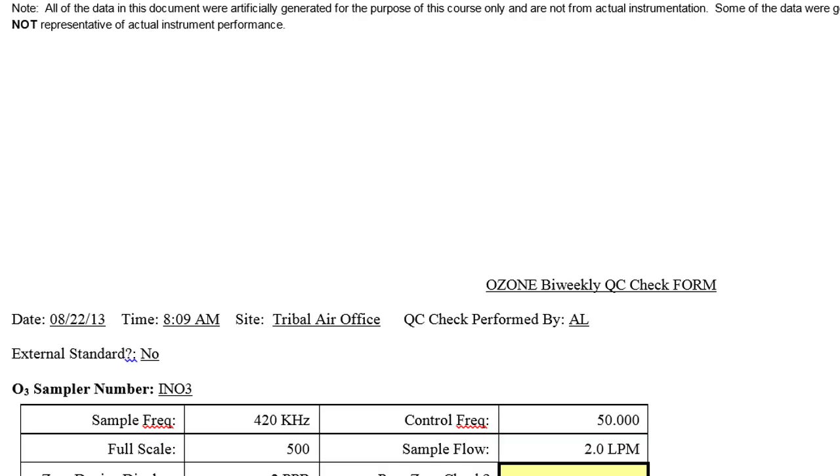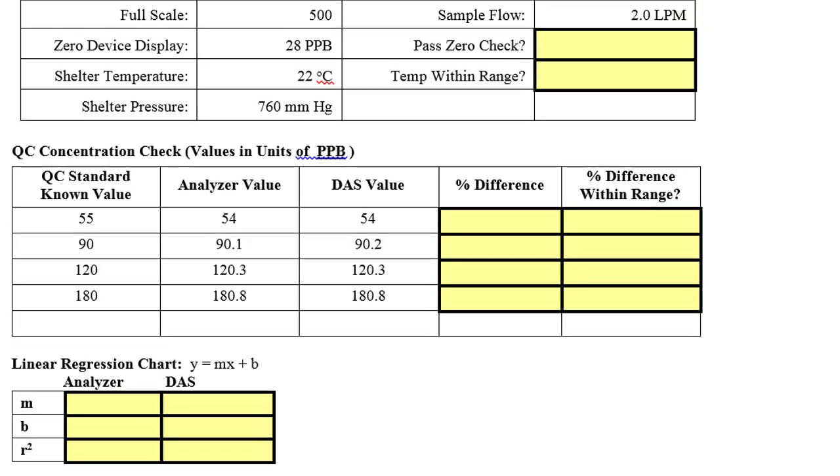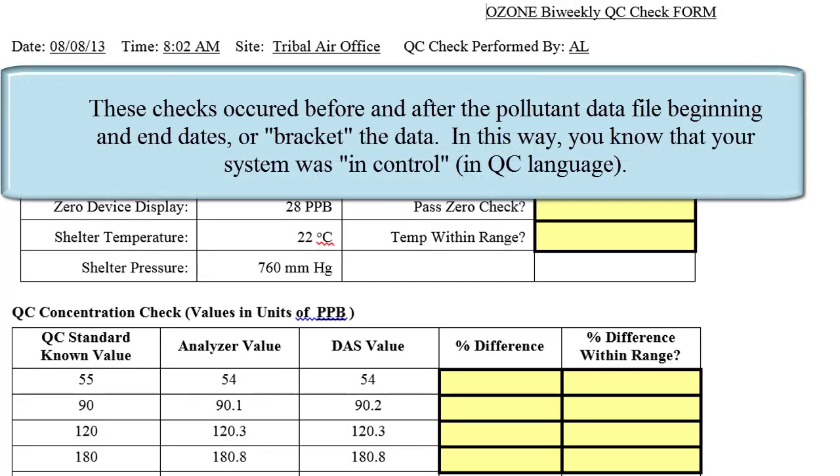So these checks span my import. So I'm going to import data that runs from 8:08 to 8:22. So I did one check before I downloaded my data, and then another check at the end of my import.